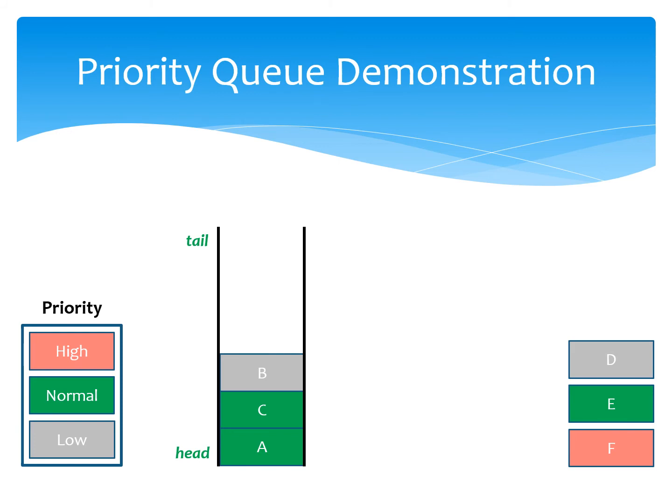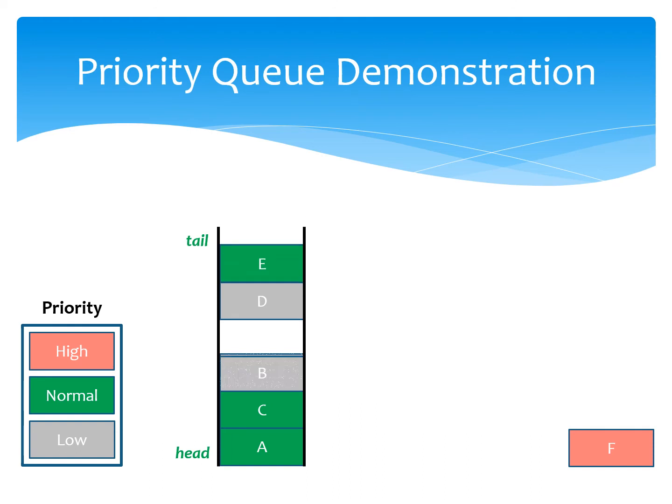According to the task priority and first come, first served basis, task C will surpass task B and stay behind task A. Similarly, task D with low priority will be added to the queue after task B. Task E with normal priority will pass the 2 lower priority tasks B and D and stay behind task C.